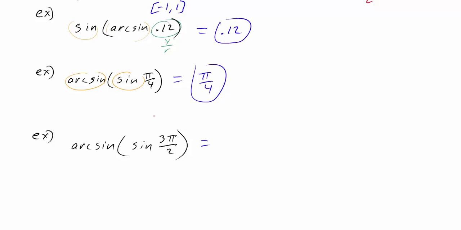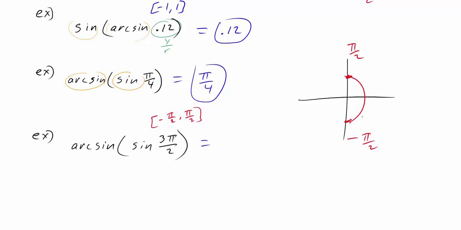We know the angle would have to be somewhere in this region. But 3 pi over 2, where is that located?